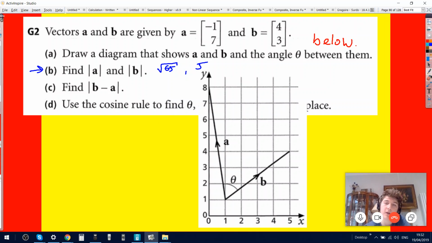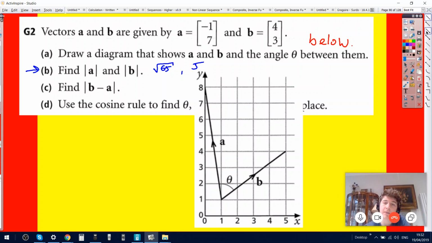So on a graph, how could that be drawn? So B minus A is the same as minus A plus B. So if you're starting here, that's minus A. And then plus B. And so it's the magnitude of that red line.